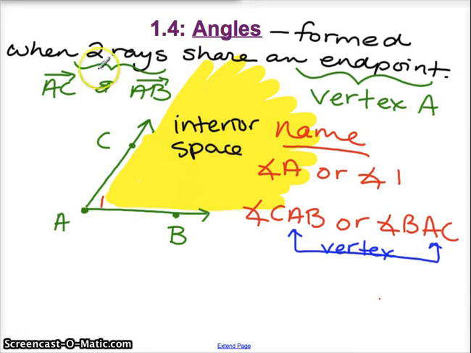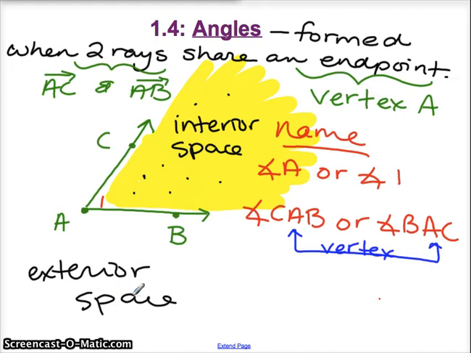And any point in this interior space is called an interior point. All of the white space that you see is called the exterior space. And any point located on the outside of the angle itself is an exterior point.